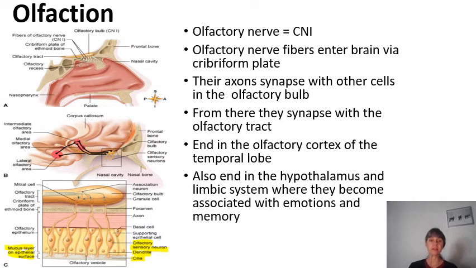In between the olfactory sensory neurons, we also have supporting epithelial cells, and basal cells are those stem cells that can divide and replace the olfactory sensory neurons.